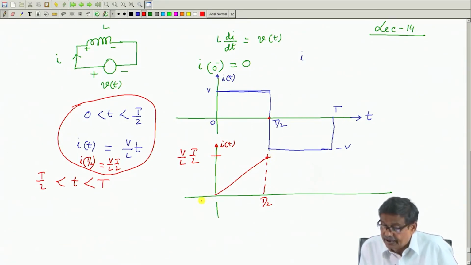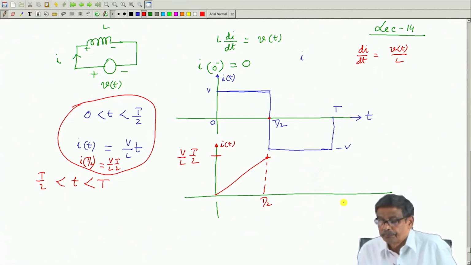But applied voltage is negative, and d I dt, as I was trying to tell you earlier, depends upon V t by L. But V t is negative, so current must have a negative slope.